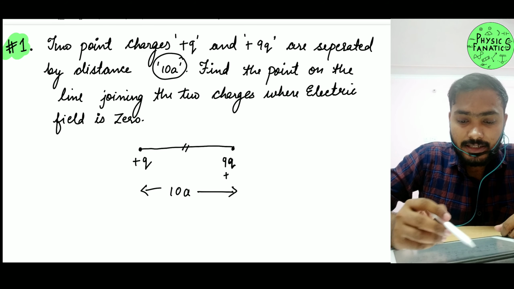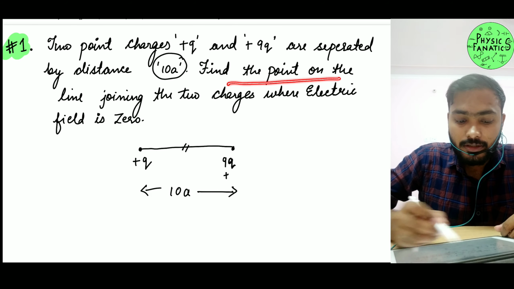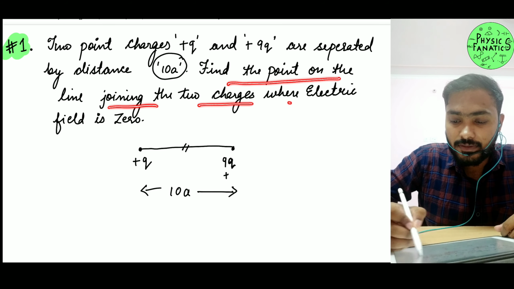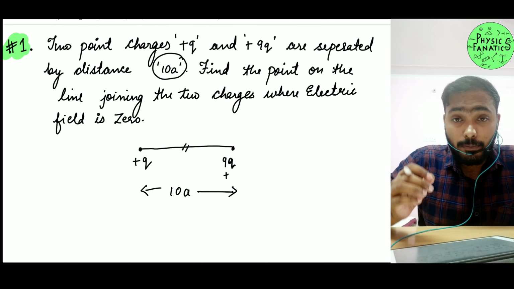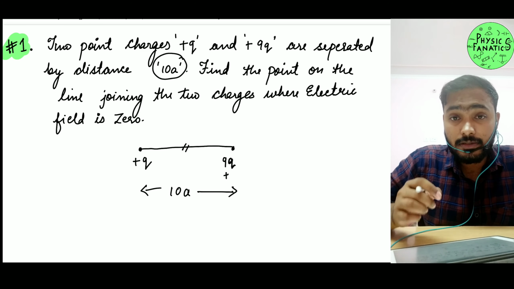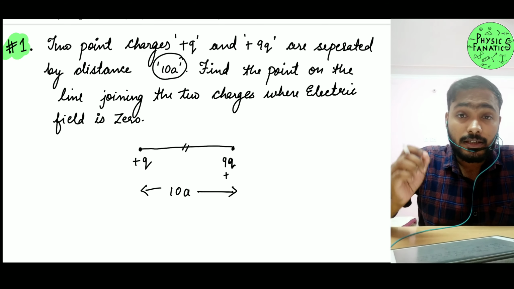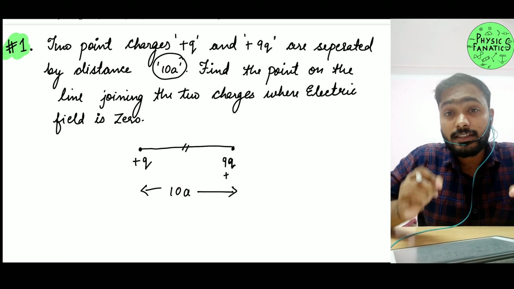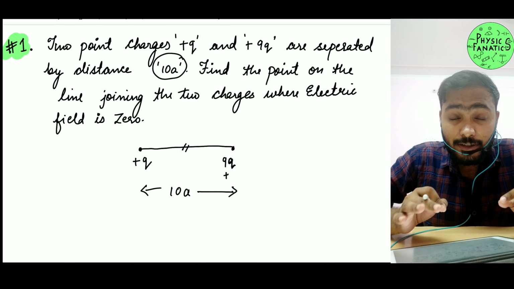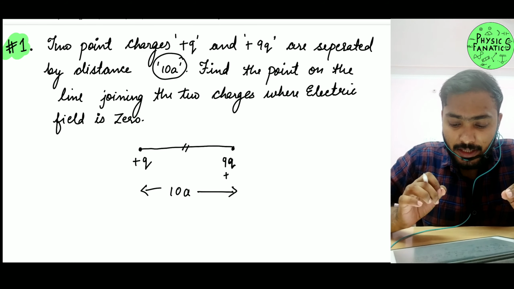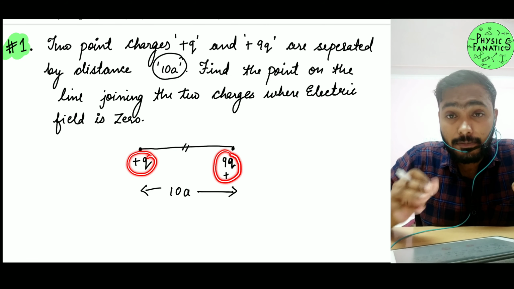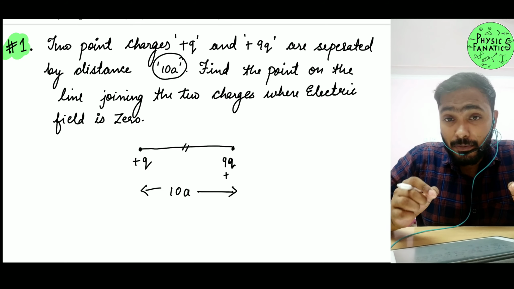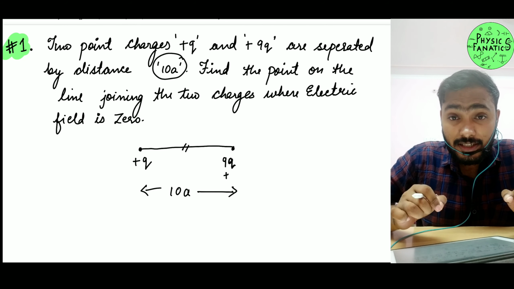And the question is asking me, find the point on the line joining the two charges where electric field is 0. Obviously I want to find a point in between these two charges where I can put my test charge, and there the test charge will not experience any kind of electric field, right? So as you guys can see, both the charges are positive in nature, so that means my balancing point will be in between both the charges, right?